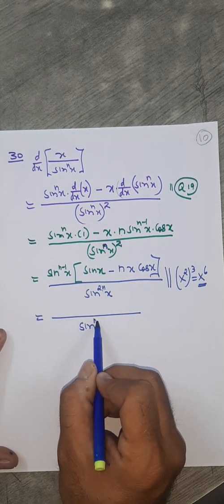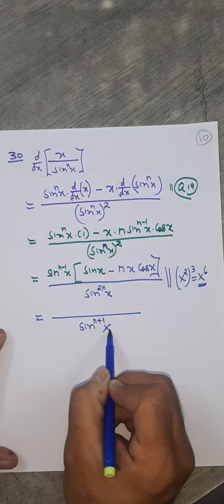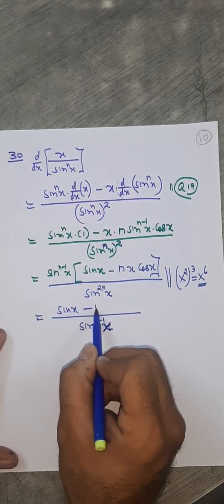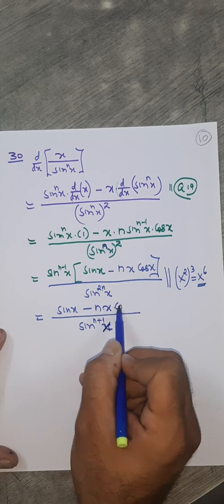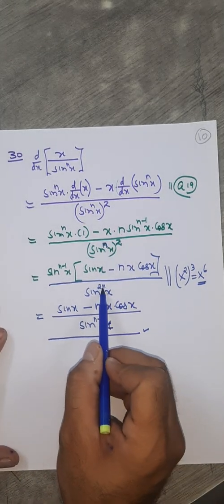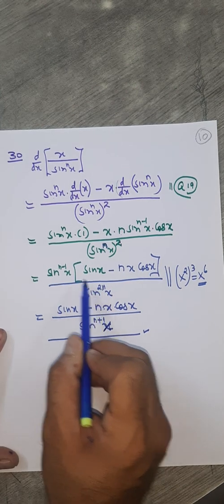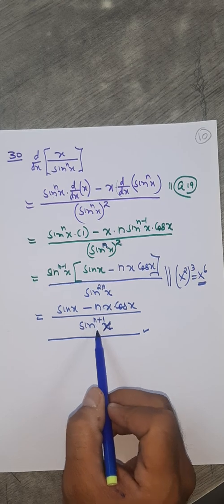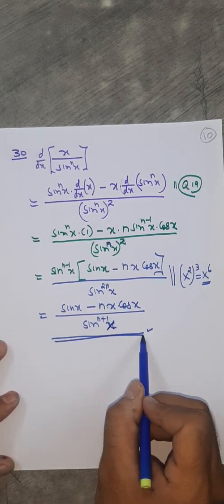So you are left with n plus 1 power. And this sine x minus n x into cos x in the numerator as it is. From 2n power, n minus 1 will get cancelled. So you are left with n plus 1 power here. And that's the required derivative.